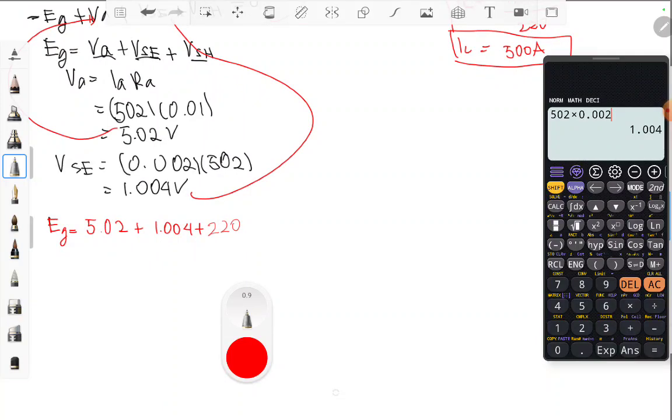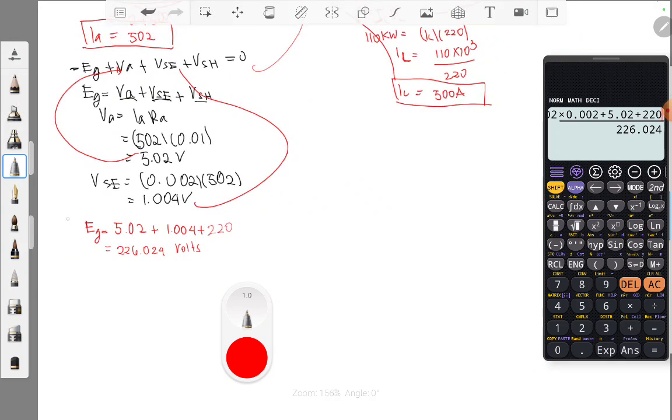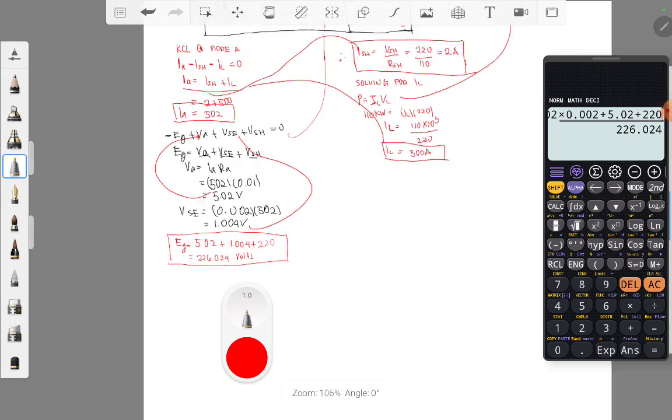So from here we'll have a value equal to 226.024 volts. So that would be our EG.